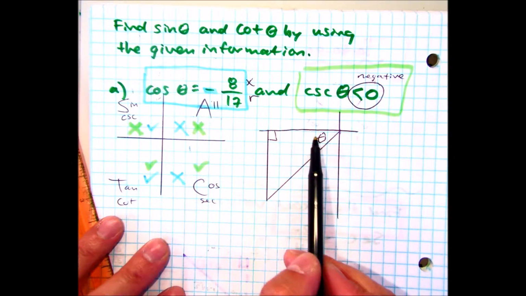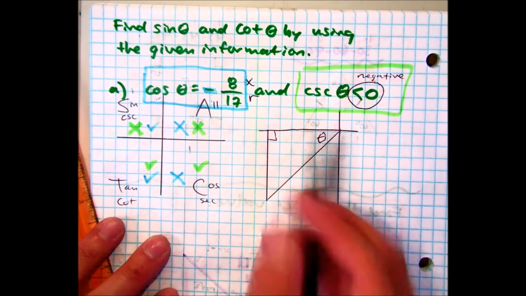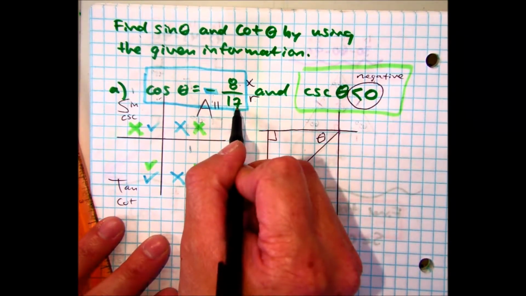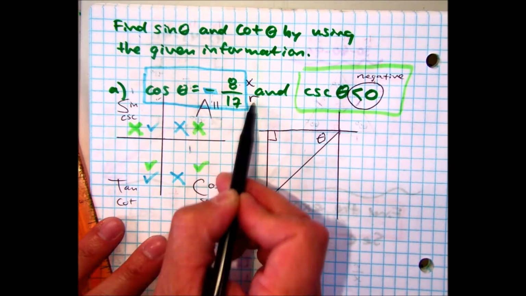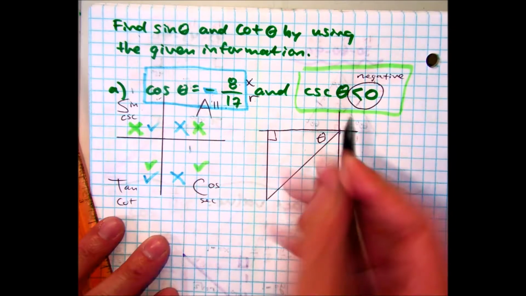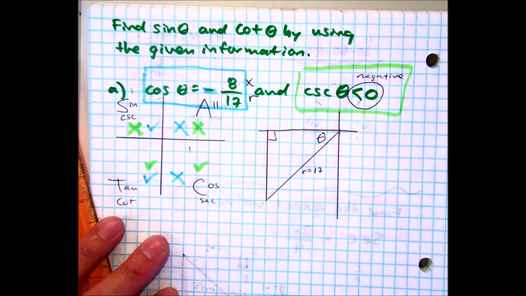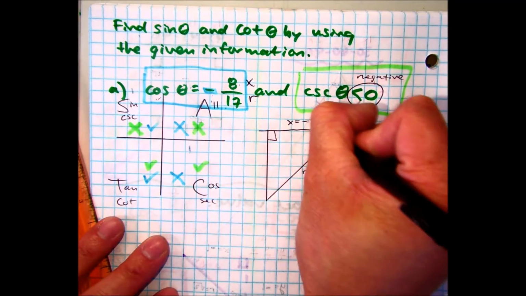Notice how it does not tell me if it's a 30, 60, 90, or 45, 45, 90. But I do know that x is 8 and r is 17. The question is, which one of these is negative? Can the r value be negative? No. R value is always positive. That means the x value is what? Negative. Negative 8.